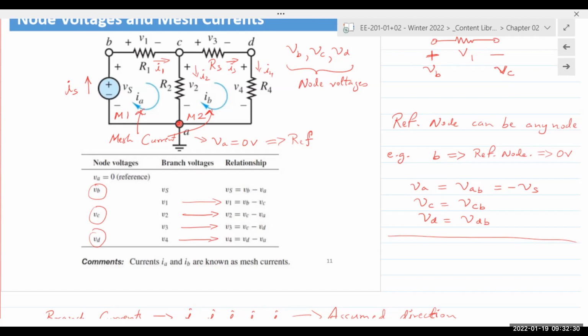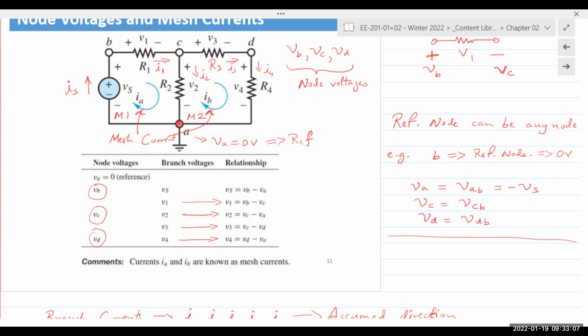Would IB ever be able to be counterclockwise as IA was clockwise? It doesn't actually matter which direction we take, IA or IB. We can take both of them clockwise or both of them counterclockwise, or one of them clockwise and the other one counterclockwise, and it actually does not matter at all. In all cases, if we stick with our assumption, meaning if we write a KVL equation for mesh one, we keep the assumptions constant when we move to the next mesh.